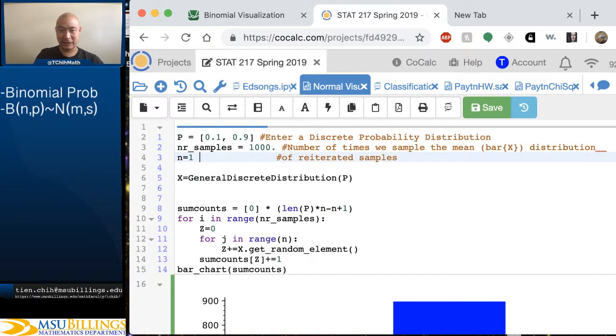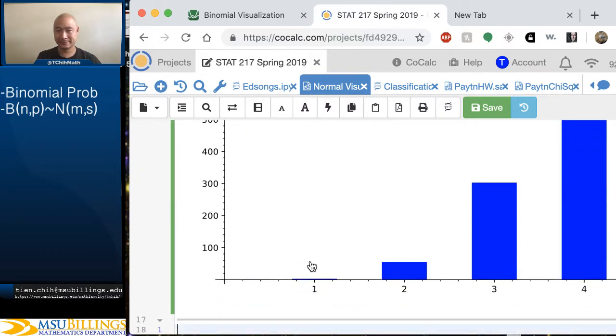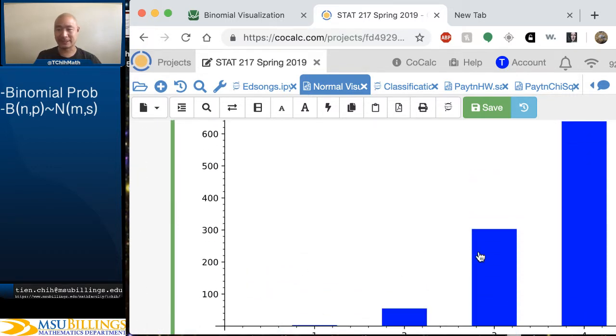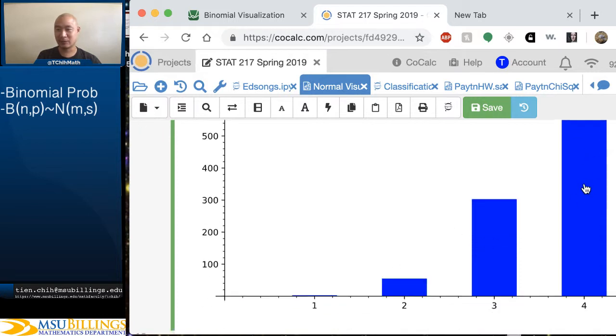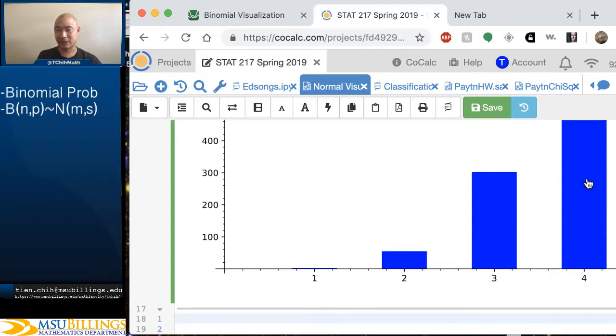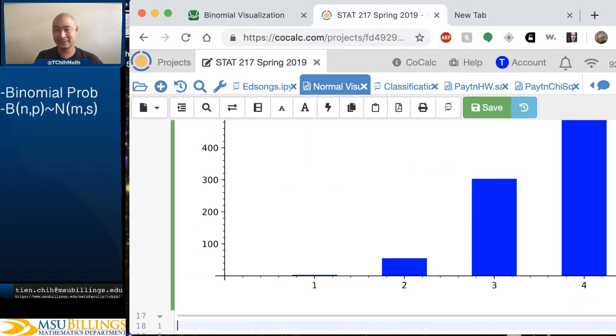If she shoots, say, 4 times, which was our example, we got the distribution that we more or less saw from Desmos, where she's still most likely to get 4 shots than she would be to get 1 or 0 shots, right? Neither of those are very likely. But what if she shot 50 times?